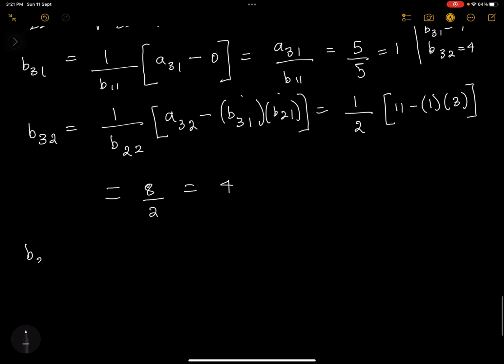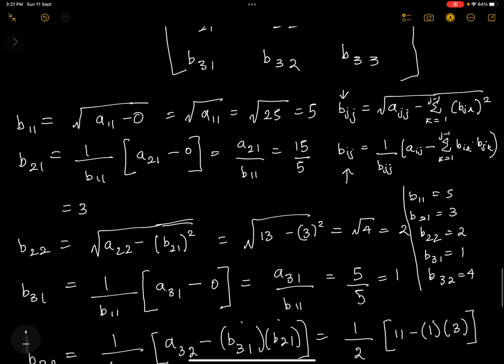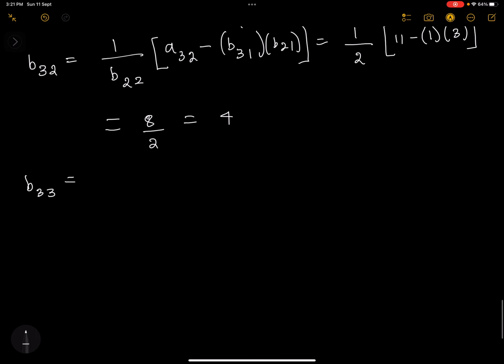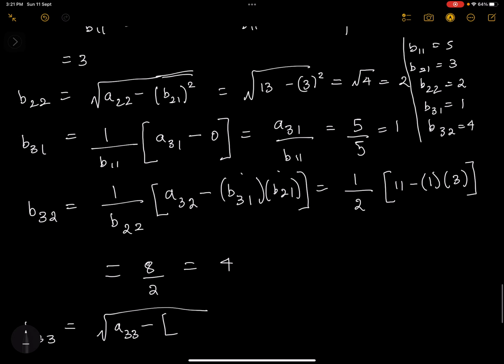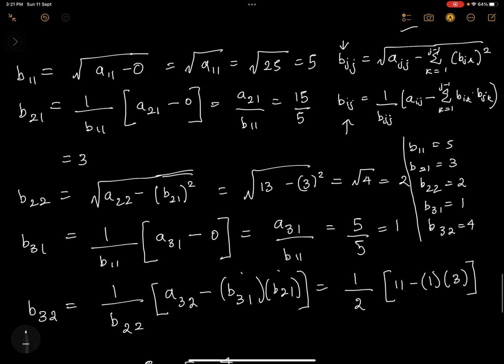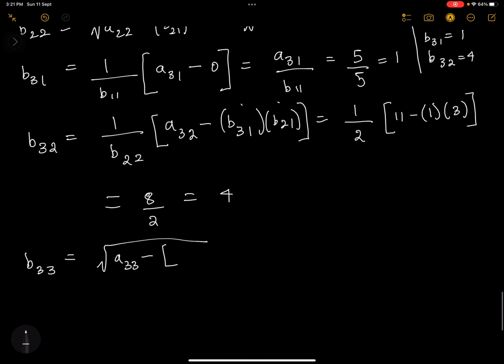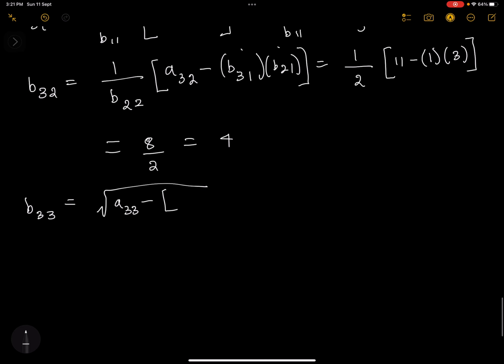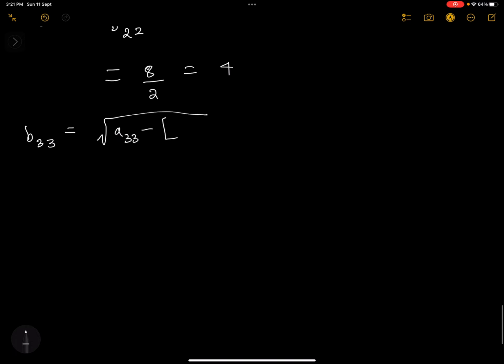And lastly, we'll have to solve for b33, which involves using the diagonal formula. So that would compute to a33 minus the summation from k equal to 1 to 2, so we'll have to add b31 squared plus b32 squared, right?